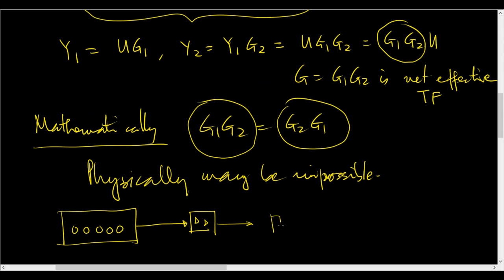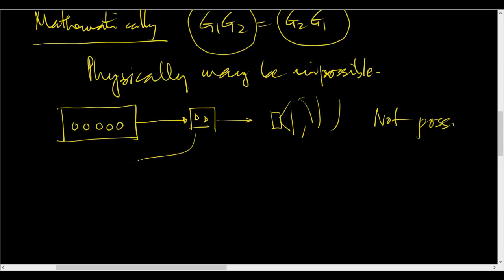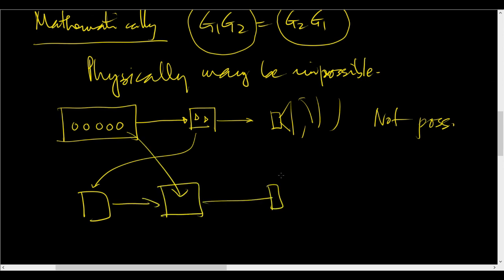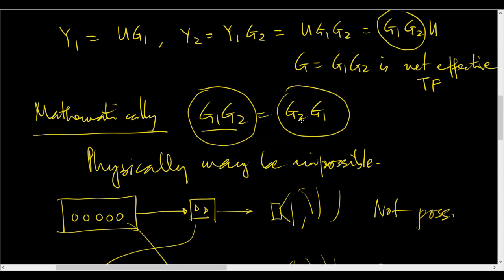That's not possible. I may take this one here, put this one here and then drive the speaker, and that's perfectly possible. But in my analysis, g1 g2 is equal to g2 g1.